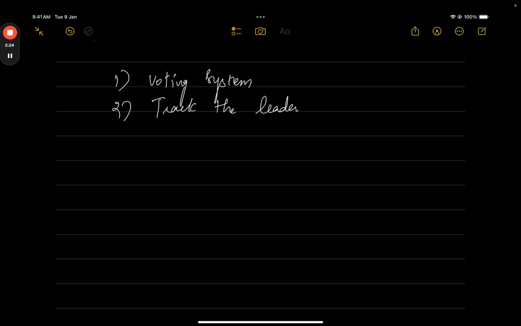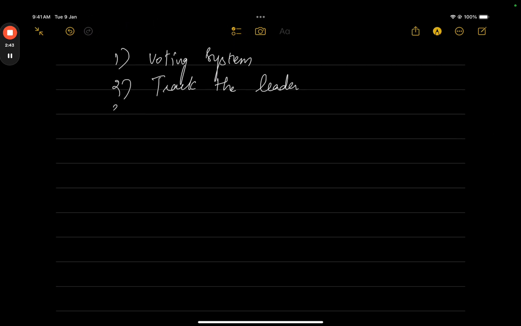When you go to the next time, the leader may change. The top voted candidate may change based upon the time, so we have to keep track of that as well.